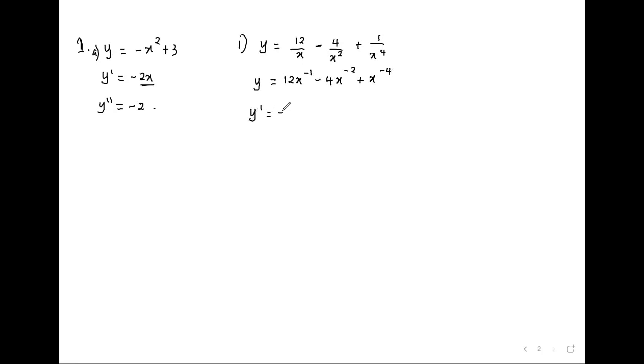So we multiply negative 1 by 12, then subtract a 1, it becomes negative 12x^-2. Then plus 8x^-3 minus 4x^-5. Then you differentiate again. So you have 24x^-3 minus 24x^-4 plus 20x^-6. You can leave your answer even like that. There's no problem.